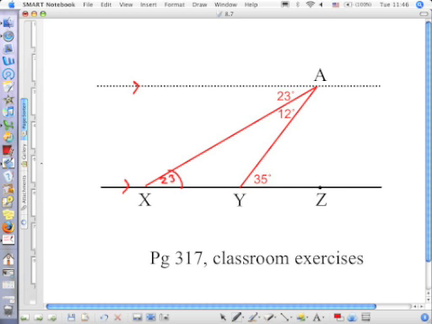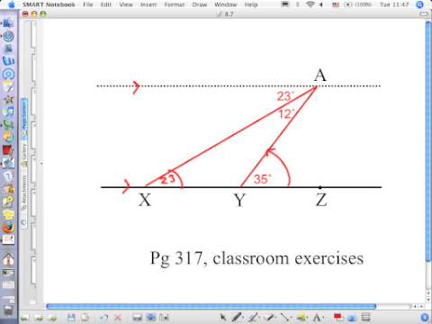If you're standing at point Y, looking up to point A, is that an angle of elevation or depression? Elevation. And what's the degree measure? From point Y to point A. 35. Okay? From the horizon up to the line joining those 2 points.